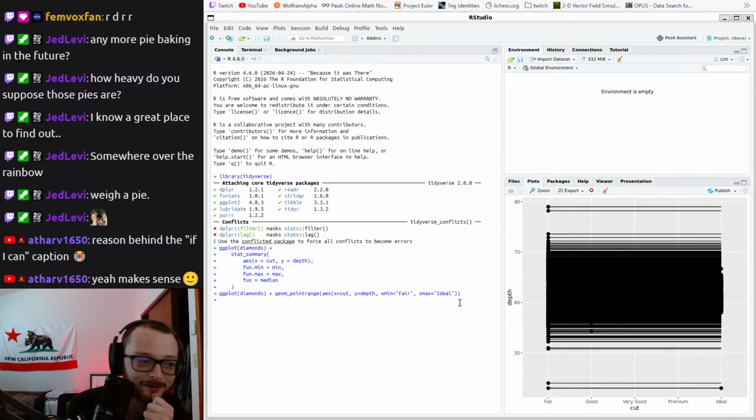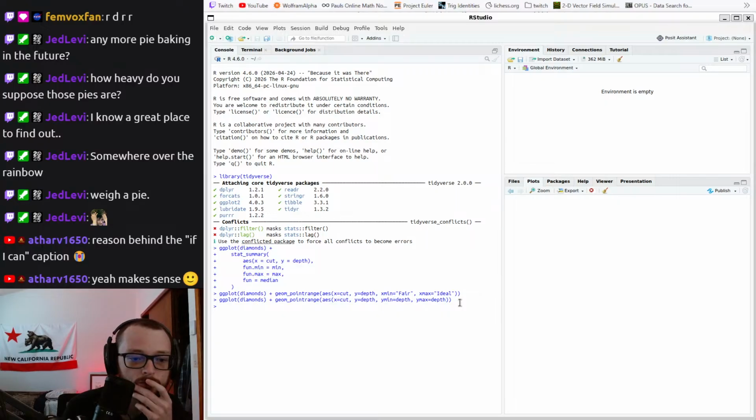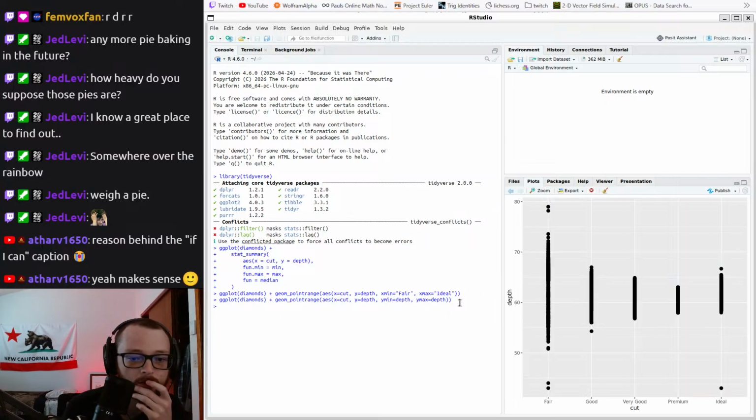Okay, well, let's actually, that's actually not as far off as I thought it'd be, to be fair. This is what I was trying yesterday, and it gives you a bunch of dots, which is not what I want.